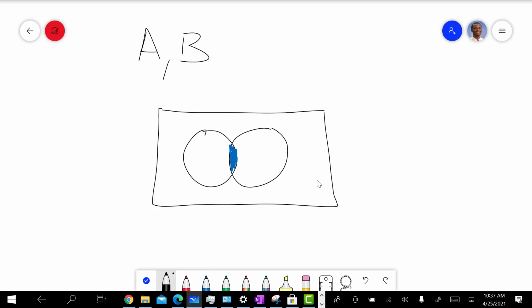With my A and my B labeled, my intersection would be A intersect B. This is the intersection notation, which is a reverse U.